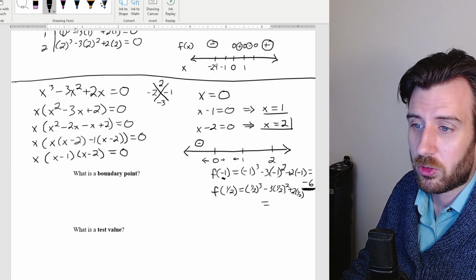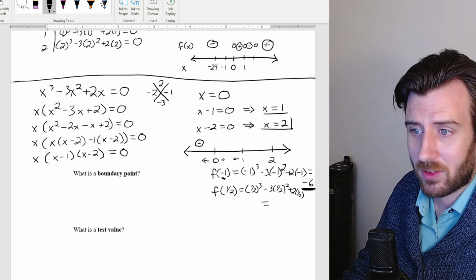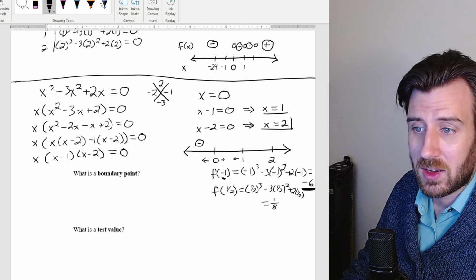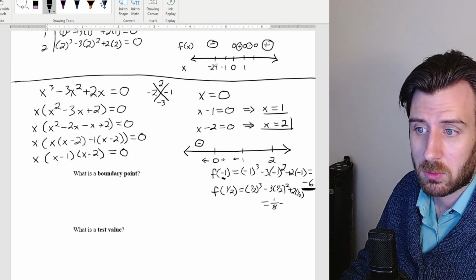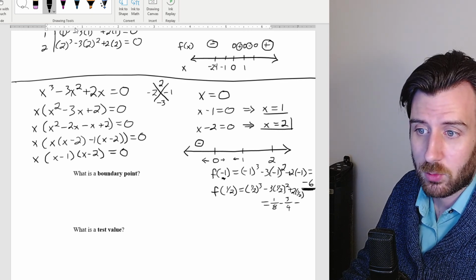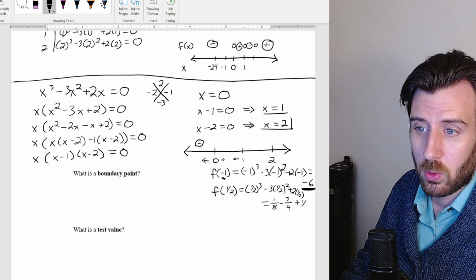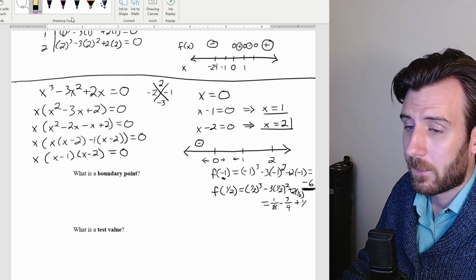And we would say that is equal to 1/2 cubed would be 1/2 times 1/2 times 1/2, which is 1/8. -3 times 1/2 squared would be -3 times 1/2 times 1/2. That would give me -3/4. And then 2 times 1/2 would get me just 1.